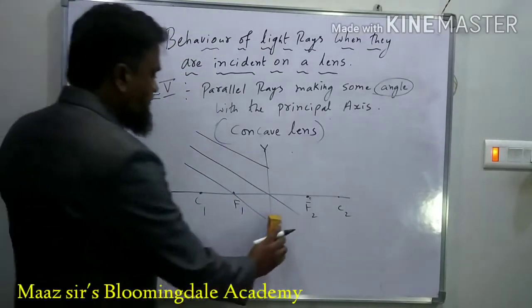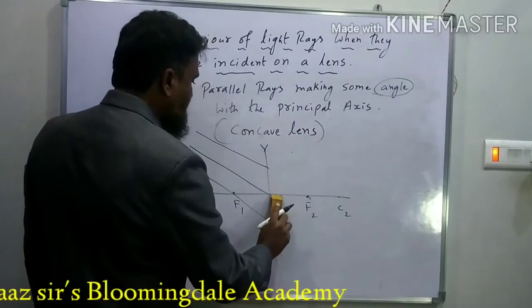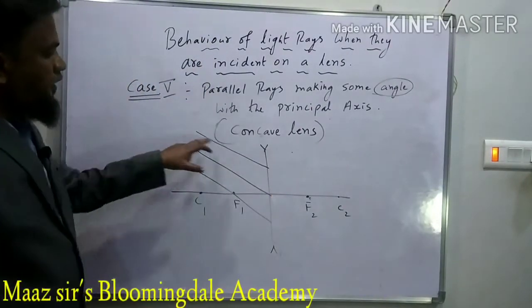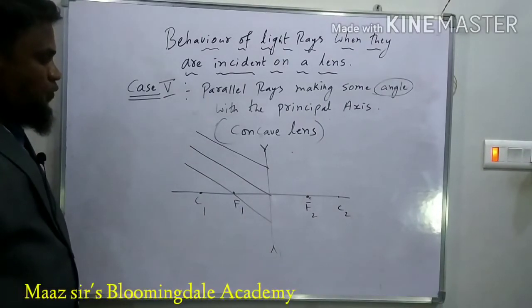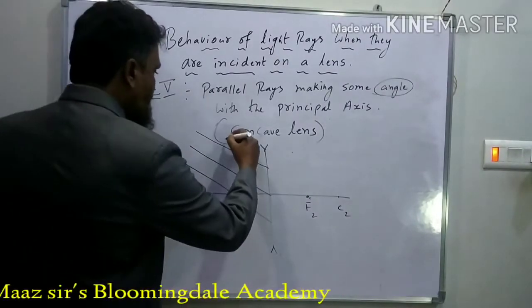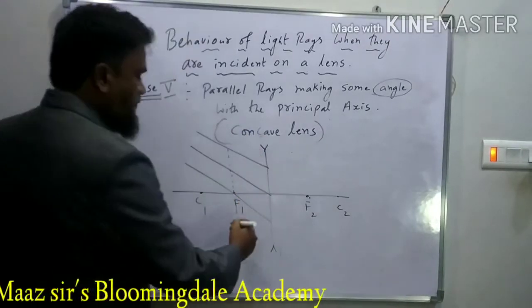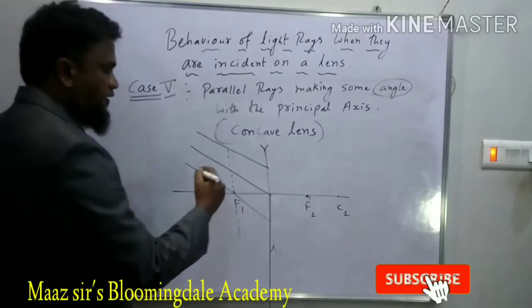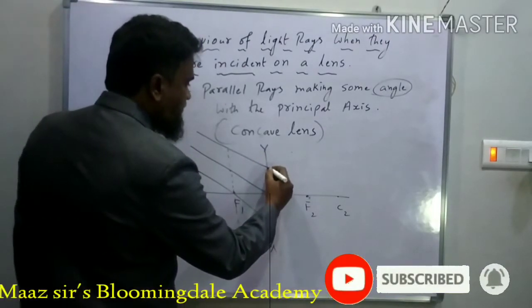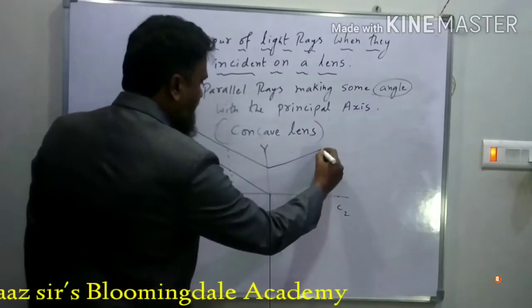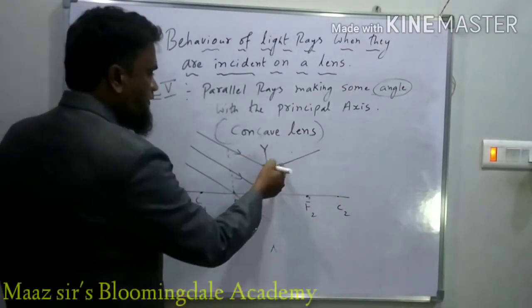So here the rays are making an angle with the principal axis. So what happens now? This point will become the focal plane. Why? Because this is the incident and this is the refracted light.